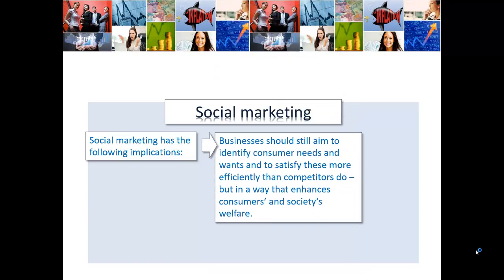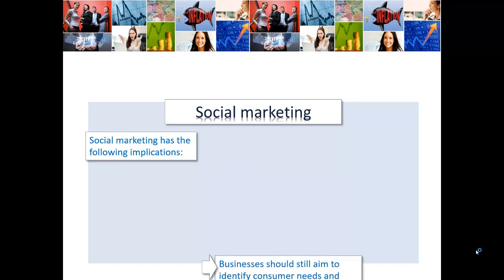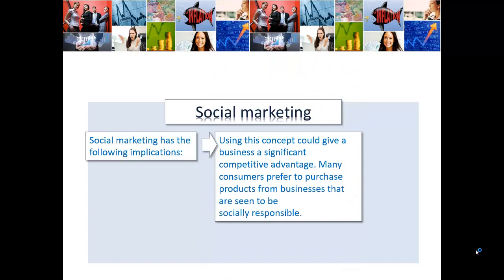Businesses should still aim to identify consumer needs and wants and to satisfy these more efficiently than competitors do, but with social marketing they're doing so in a way which makes consumers and society's welfare better. Using this concept could give a business a significant competitive advantage.